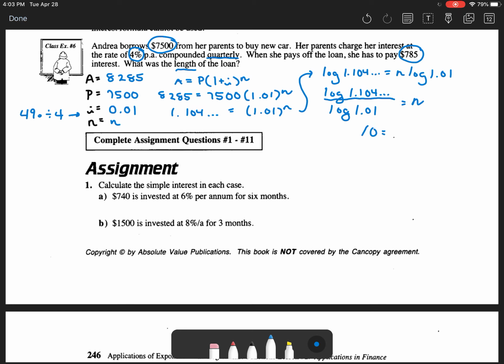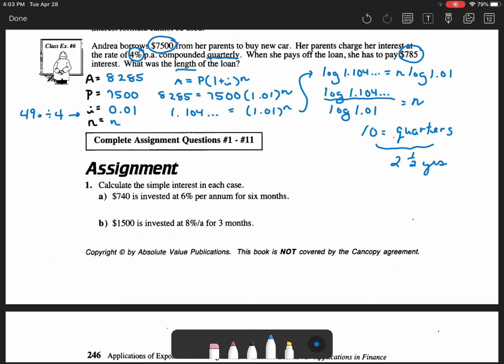So I have to do that calculation. So log of my answer divided by the log of 1.01, and that gives you 10. So 10.00, so that's going to be 10, but that's 10 what? That's 10 quarters, right? Because we are compounding it quarterly.